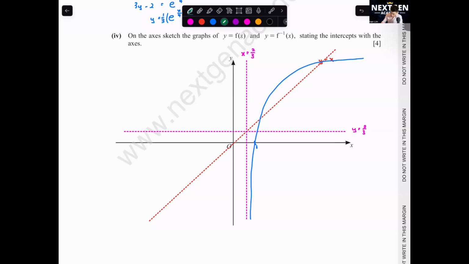Here also, draw symmetrical to it. Here will be 1 also. Now we draw almost like a straight line like this. This will be your f(x). This will be your f inverse x.